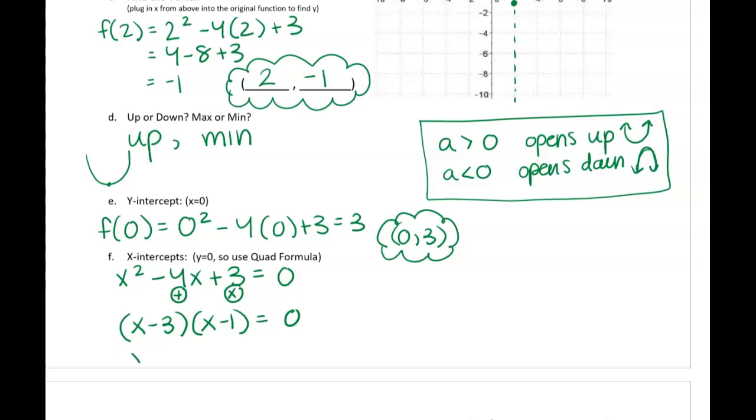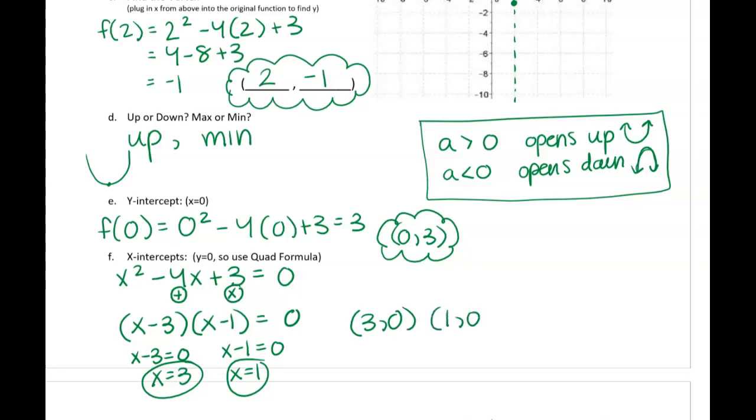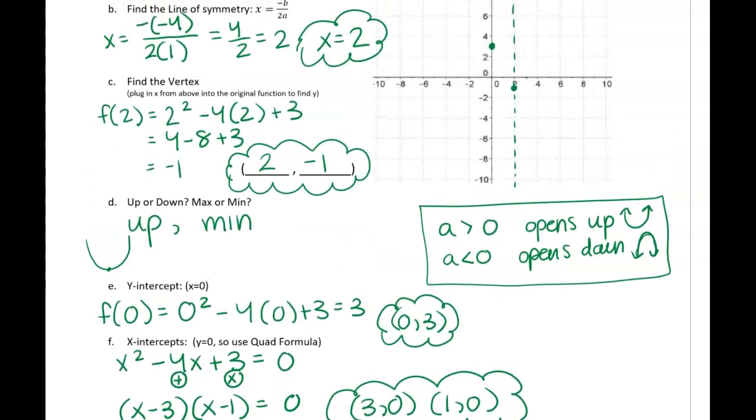Setting each factor equal to 0, we get x equals 3 and x equals 1. So our x-intercepts are 3, 0, and 1, 0. And again, you could definitely use the quadratic formula here as well. So now we'll plot 3, 0, and 1, 0. And that's enough information for us to connect and make a pretty decent approximation of our parabola.